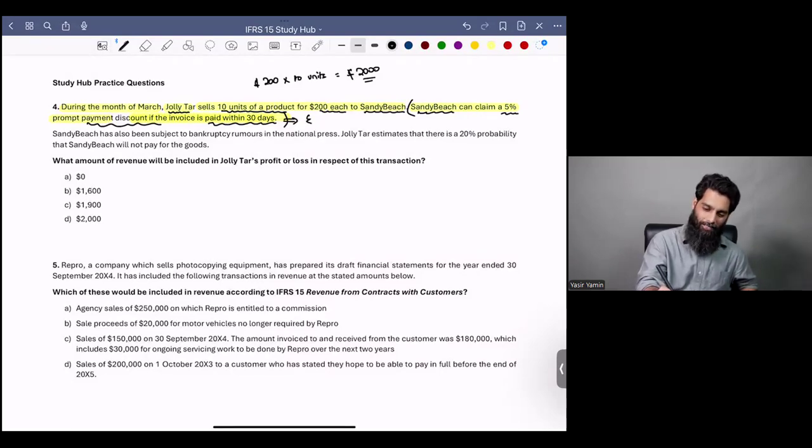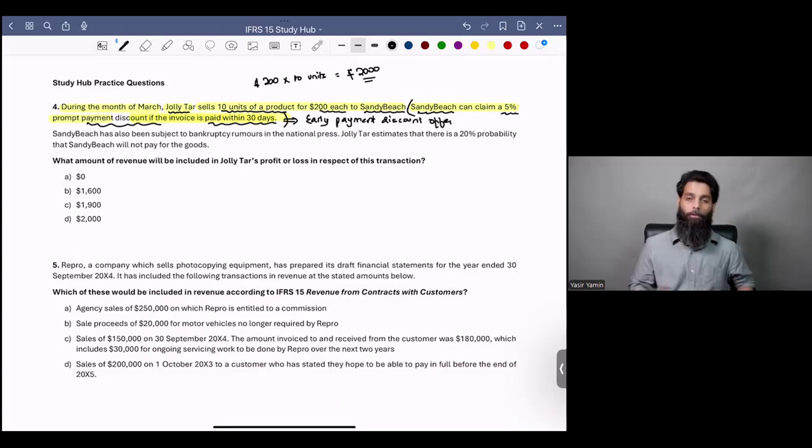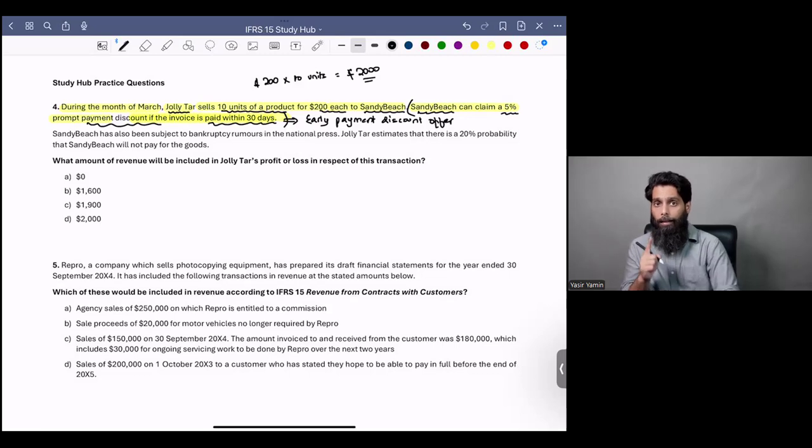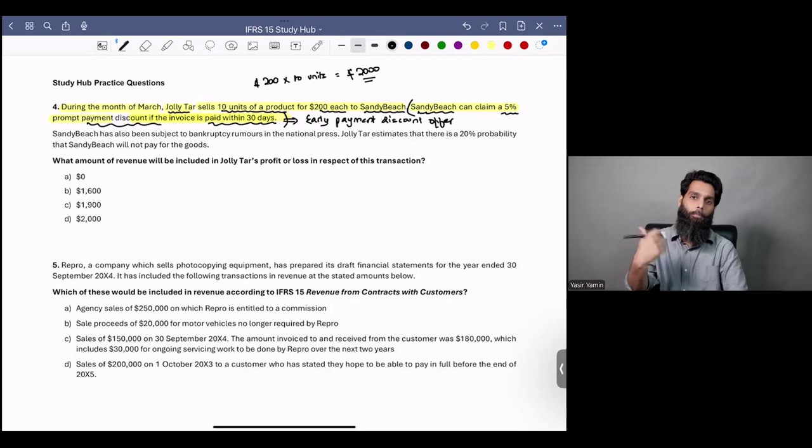Very good, guys. Excellent. This is supposed to mean an early payment discount offer. And by the way, if you are allowing a discount to your customer based on early payment or based on bulk purchases or whatever the case may be, don't you think this is a variable consideration?